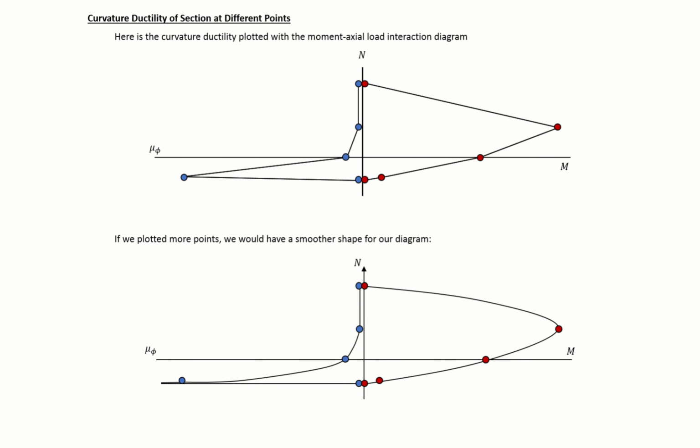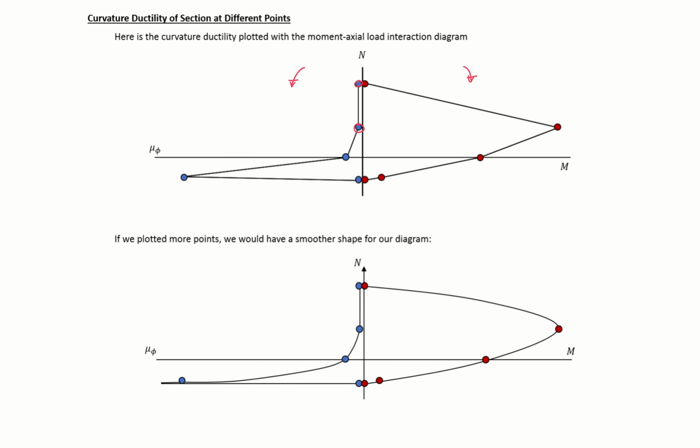So here we plot all of our different curvature ductilities versus our axial load. And on the right side and on the left side, we're plotting our moment versus axial load. So you can see that we start off with a curvature ductility of 1 until we pass our balance point.